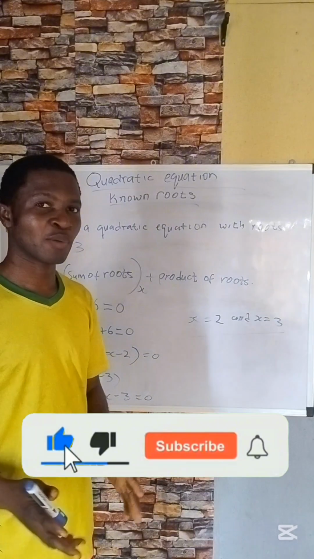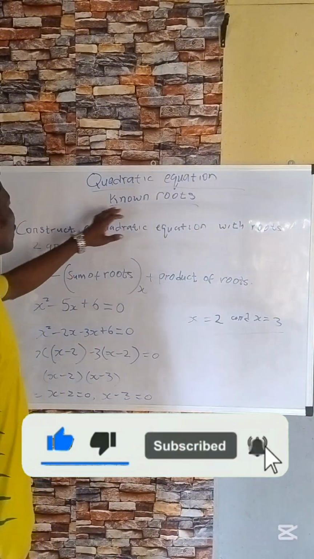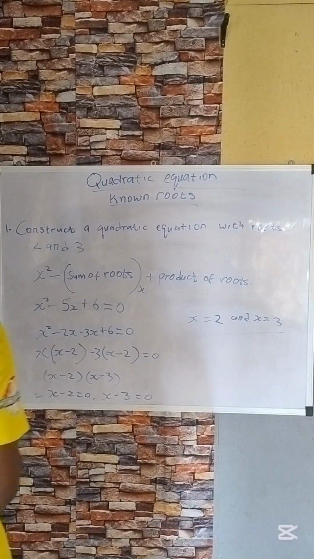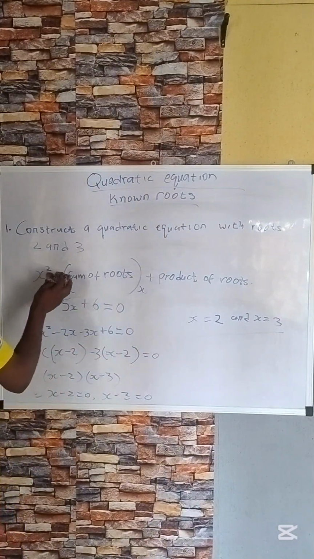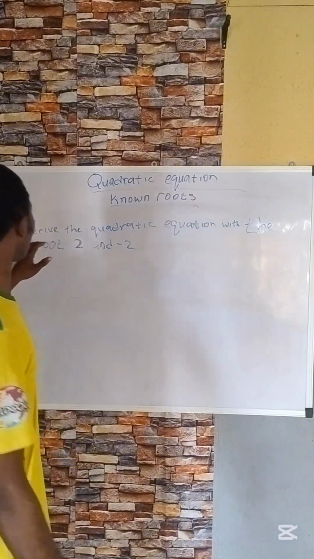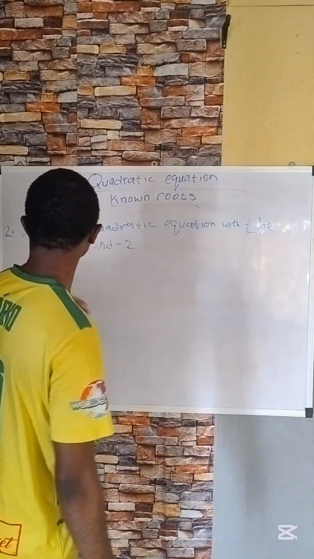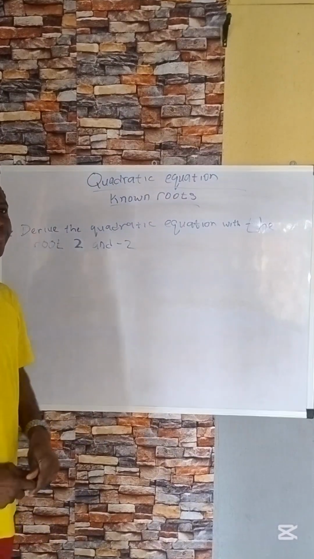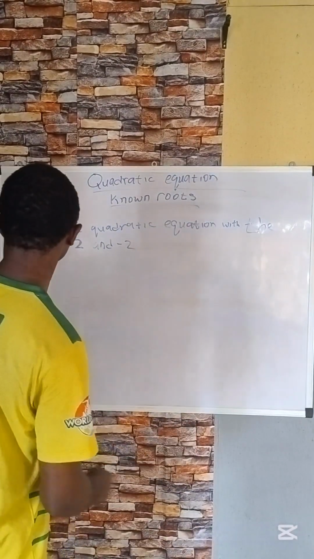Let's take another example on how to solve for a known root quadratic equation. We have our second example: derive the quadratic equation with the roots 2 and minus 2. Let's apply our formula again.